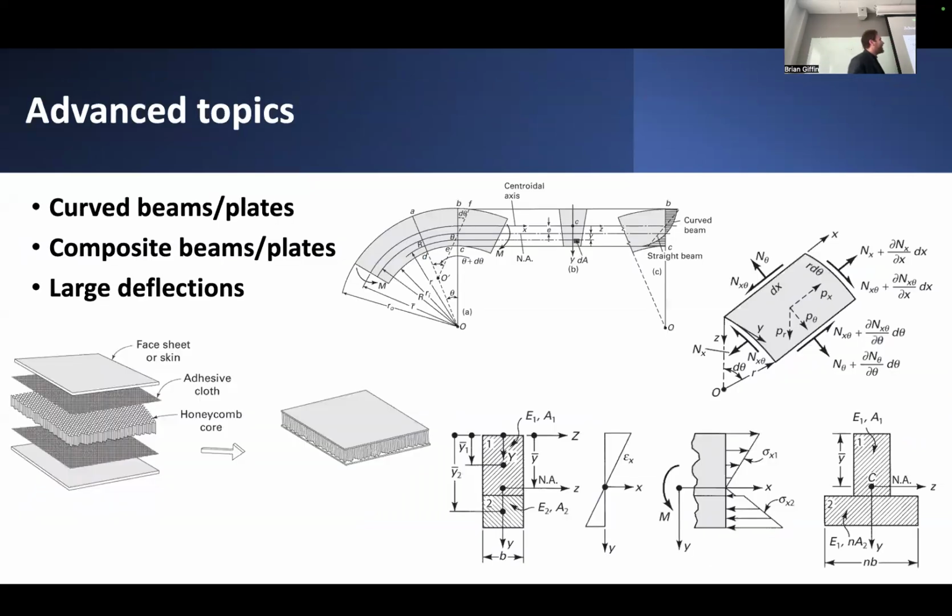Once you have an initially curved geometry for a beam or a plate, there is inherent coupling between the in-plane or axial deformations that occur and the resulting bending stresses that might result from that. The simplest example I can give to illustrate that is to consider a simple circular arc, maybe a relatively thin beam that has some initial curvature built into it.